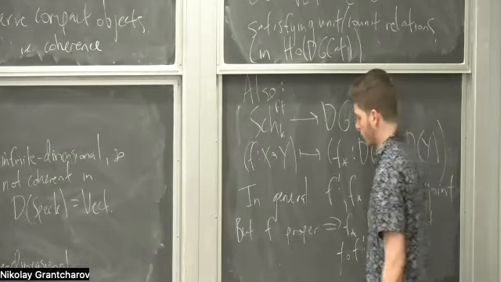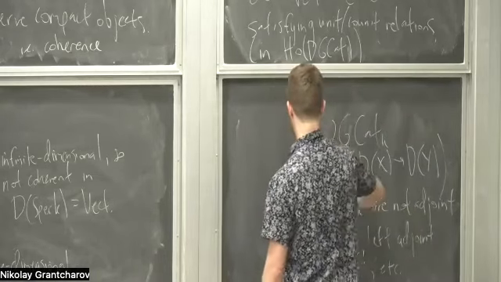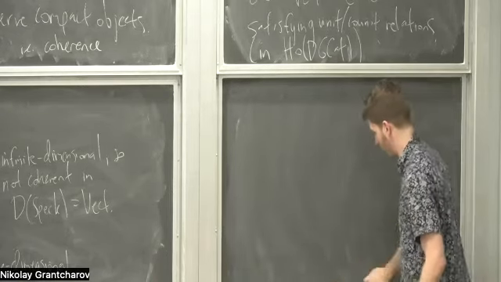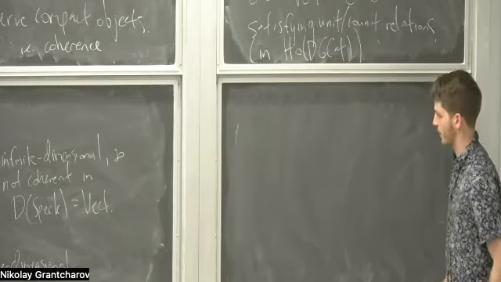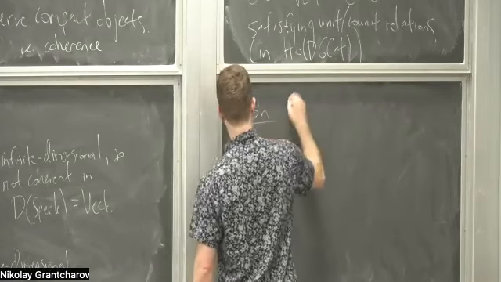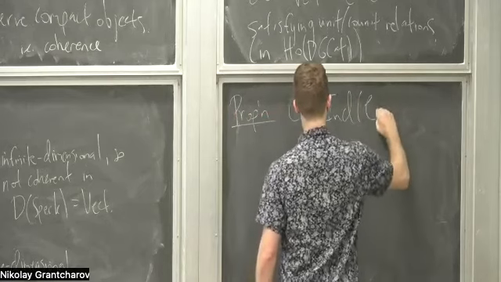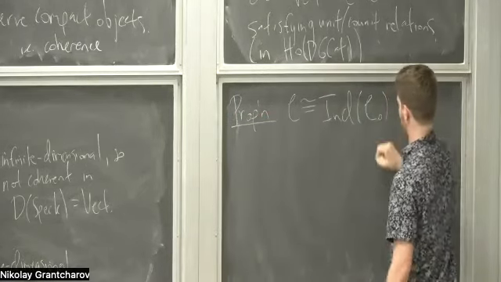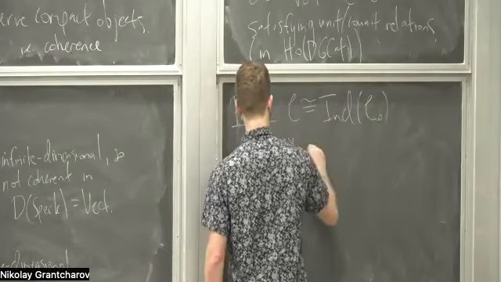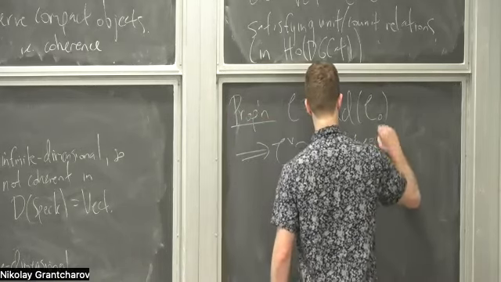So we have this notion of dualizable category, which looks very unfamiliar at first. But there's a very important case where dualizability is guaranteed, which is for a category that's compactly generated. So if C is compactly generated by, say, some subcategory C naught, then it's automatically dualizable, and the dual is given by the formula: the Ind-completion of the opposite category.